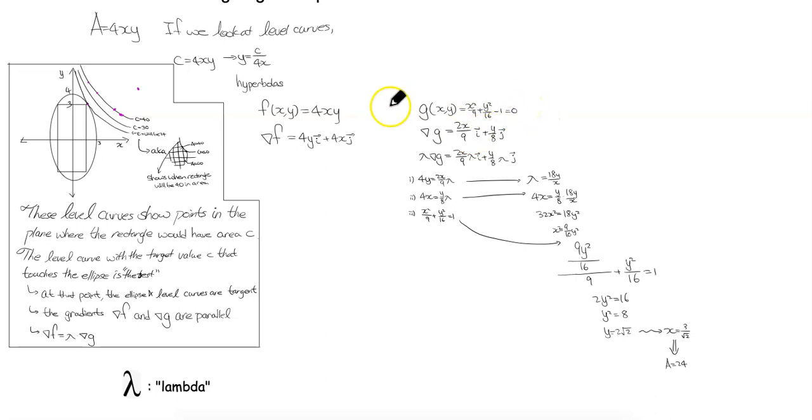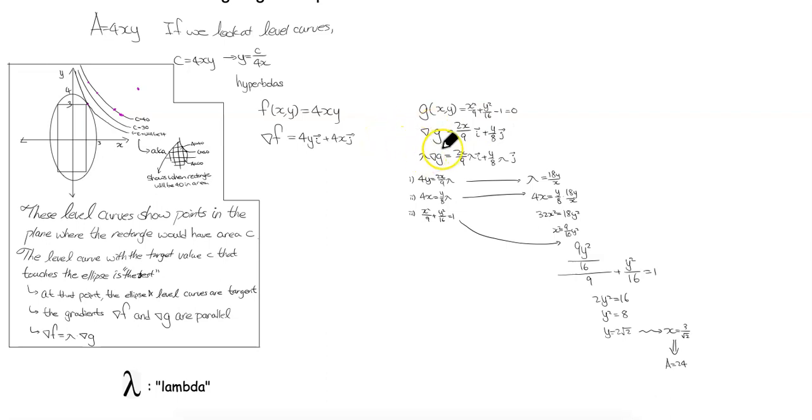So if we take the gradient for both of these, we find del f equals 4y for the first component and 4x for the second component. And then del g is 2x over 9 for the first component and y over 8 for the second component. Remember that these two vectors don't need to be equal, they just need to be parallel.